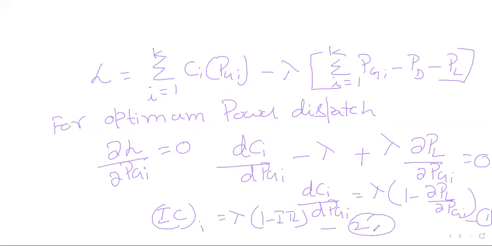And this equation is called the coordination equation. So the incremental cost of the ith plant equal to lambda into 1 minus ITL, where ITL is the incremental transmission loss, equal to dou PL by dou Pgi.